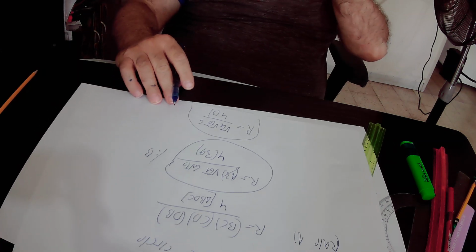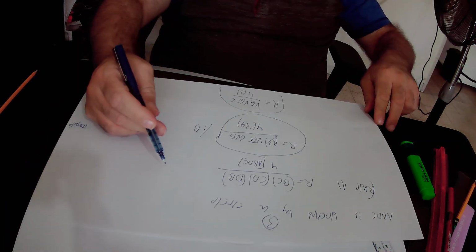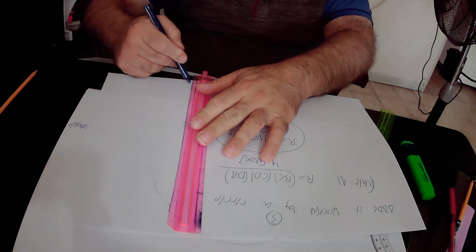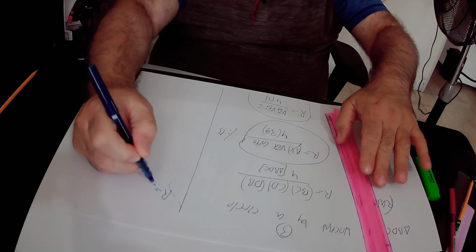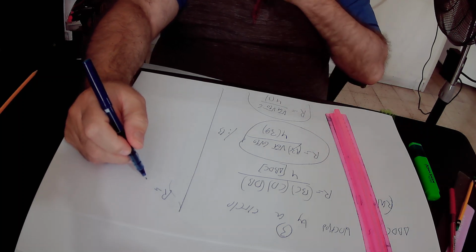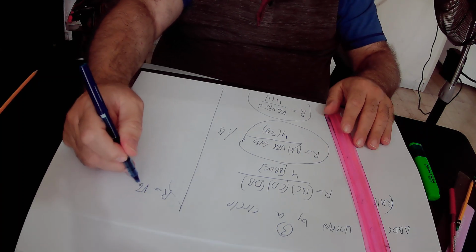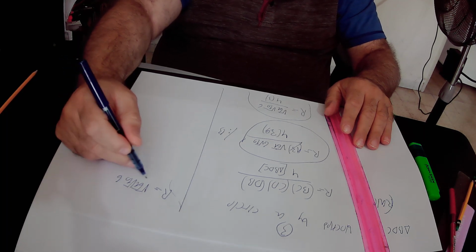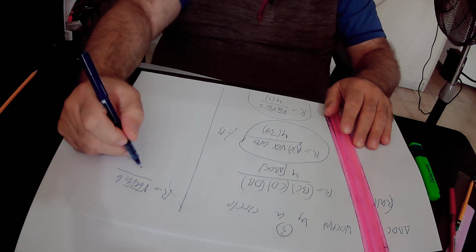3 times 4 is 12, so we write down that the radius of the circle that we are looking for, capital R, is equal to the square root of 61 times the square root of 10 times 6 over 12.